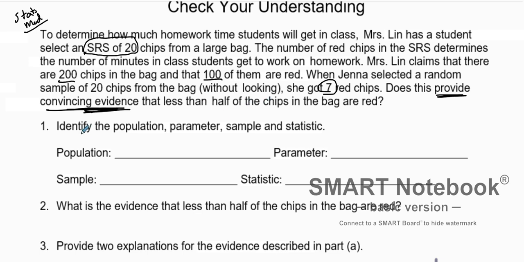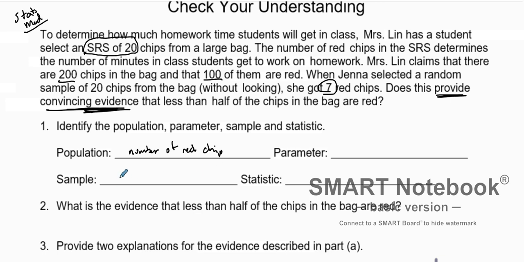Well, first off, let's identify the population, parameters and whatnot. The population is the chips, or the red chips. The number of red chips.